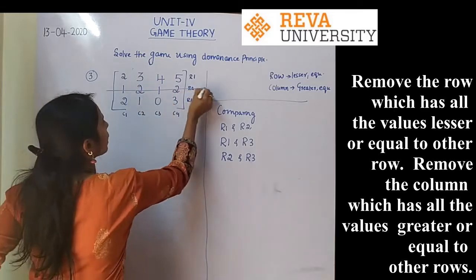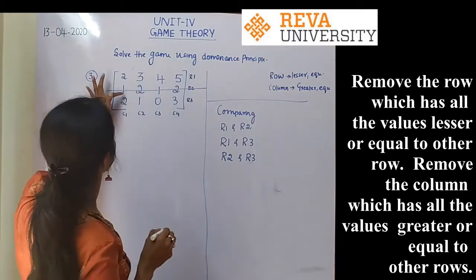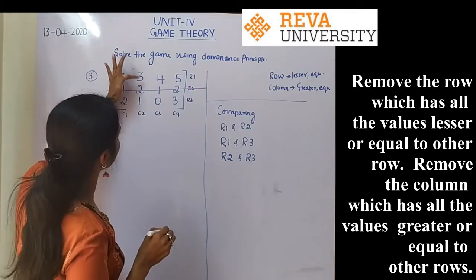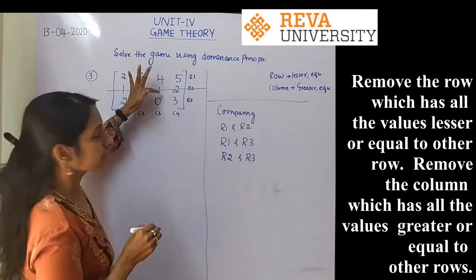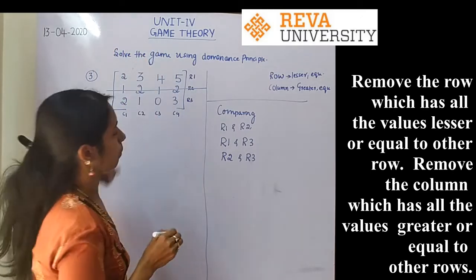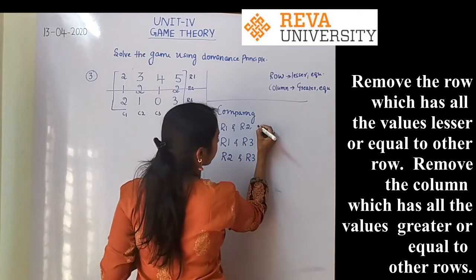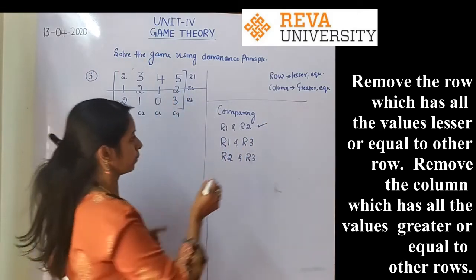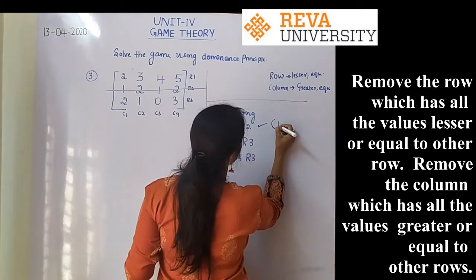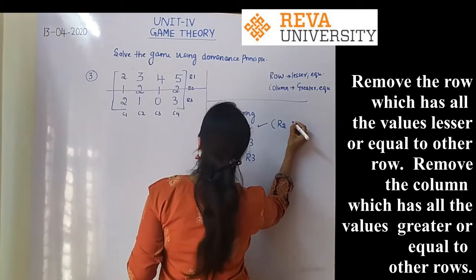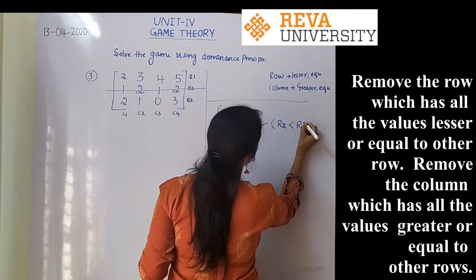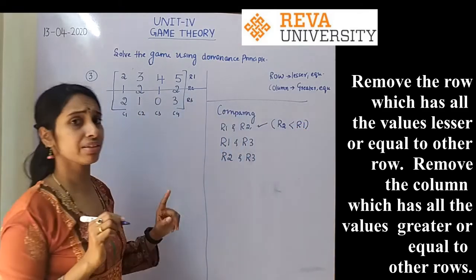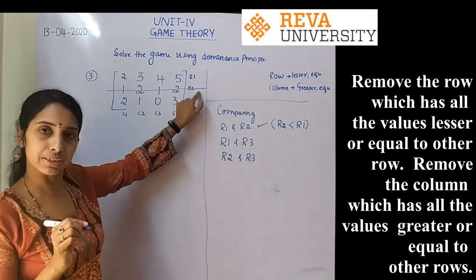So I am completely ruling out this row because 1 is less than 2, 2 is less than 3, 1 is less than 4, 2 is less than 5. So now here I will say it holds good. Yes, I am able to compare R1 and R2, and here the values of R2 are lesser than R1. Hence I have ruled out this.